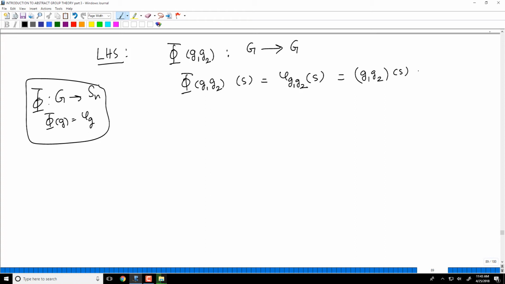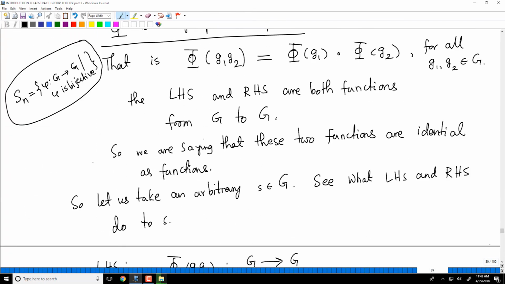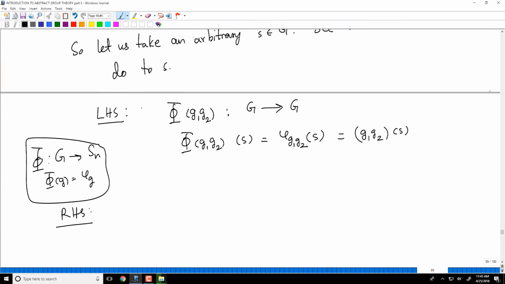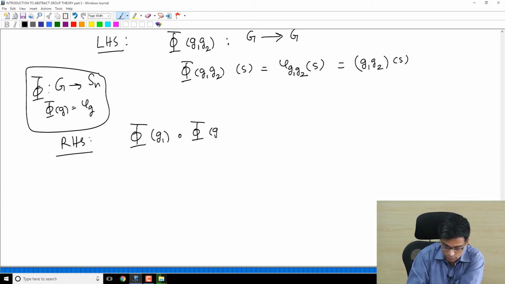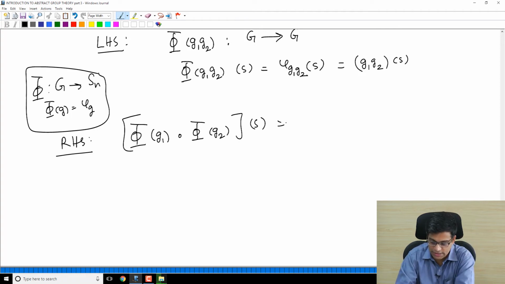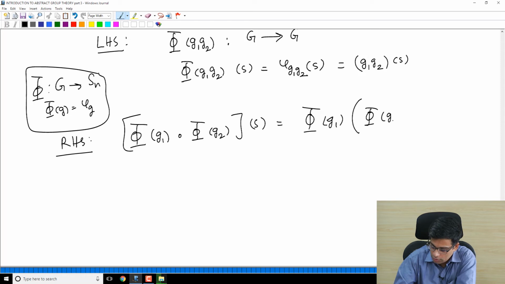Now what does RHS do? RHS is phi g1 circle phi g2, this composition applied to s. Composition of functions says that this must be phi g1 applied to phi g2 applied to s. That is the definition of composition.